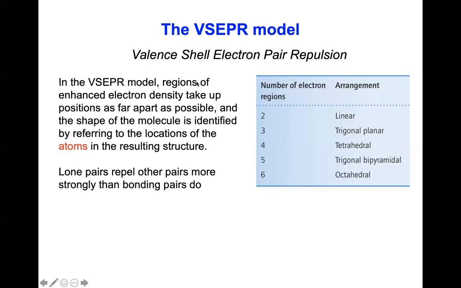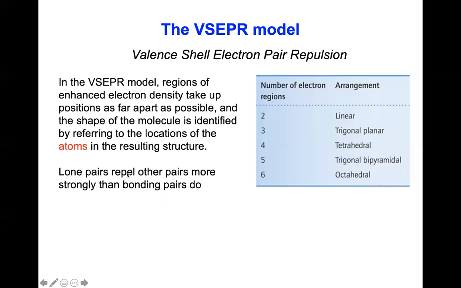In this VSEPR model, we define the region of electron density. So we use electron density to define a possible position. The electron density can be defined as a paired electron or non-paired electron, as we talked about in the Lewis structure.